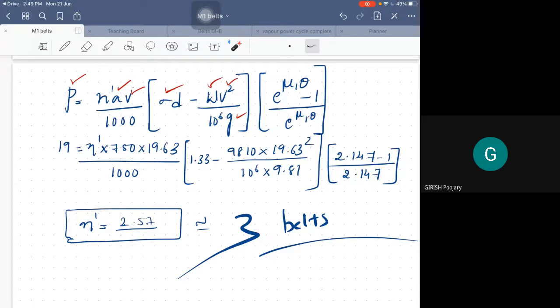How do I come to a conclusion that that particular problem is numerical oriented or design oriented?